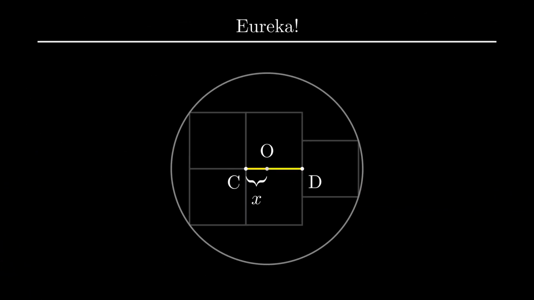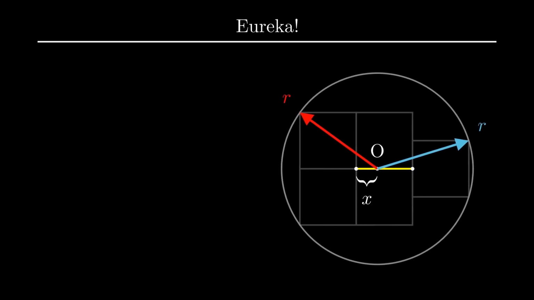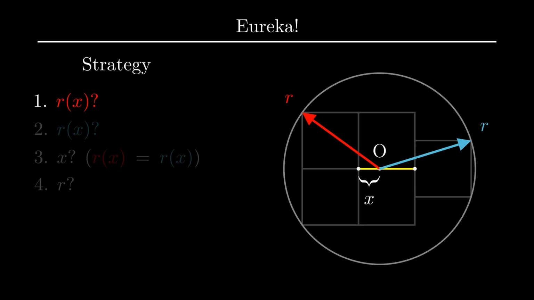So, we prove that the center O of the circle has to be on the line segment CD. Let's say at a distance x from C. It gives us an idea to solve the problem. We could write the length of the red radius r in terms of x using Pythagoras' theorem. Then, we could write the length of the blue radius r also in terms of x.